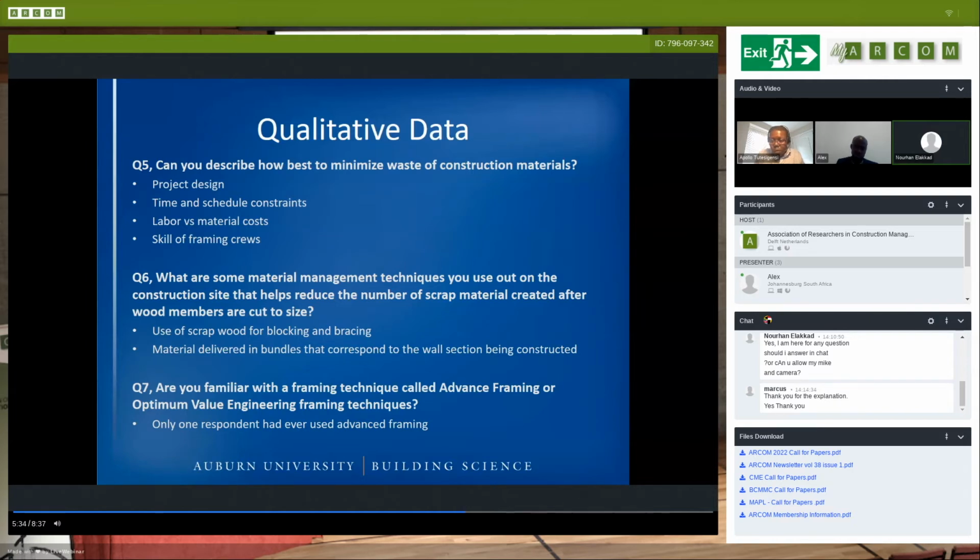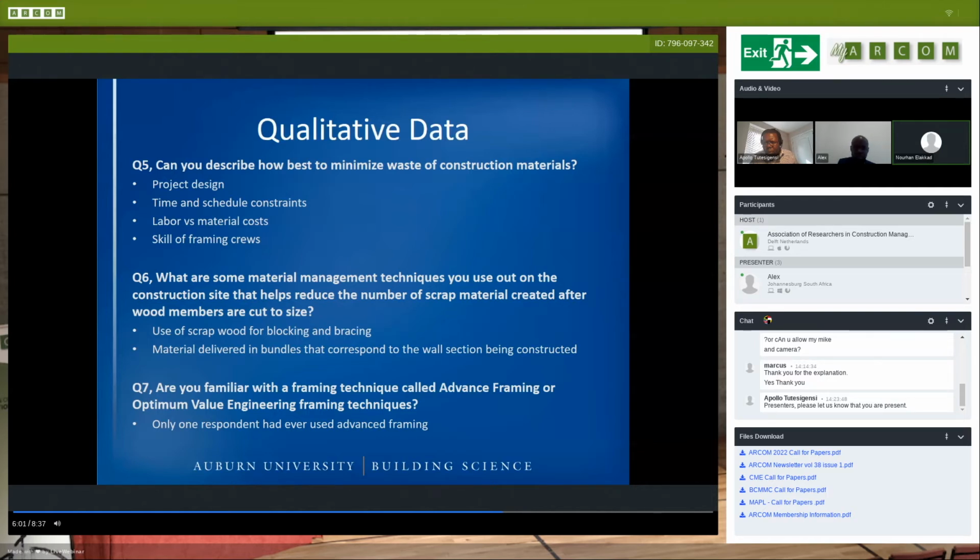Also, labor versus material costs, and we'll talk about this in a little bit. Material costs for wood have really skyrocketed in the United States. That factor alone, because prices have almost doubled, although they've come down a little bit, is helping control wood waste because it's becoming economically unsustainable to waste wood.